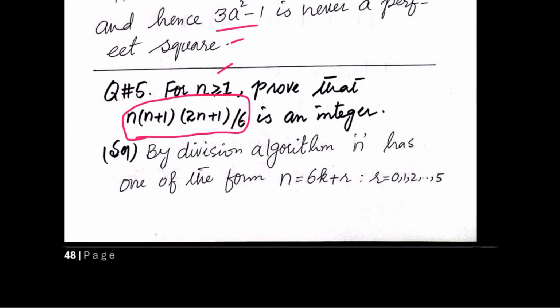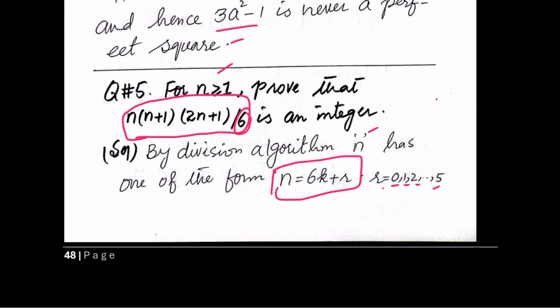You can see that here the denominator is 6. So by the division algorithm, when we divide an integer n by 6, it has the form n is equal to 6k plus r, where r is 0, 1, 2 up to 5, because here the divisor is 6.